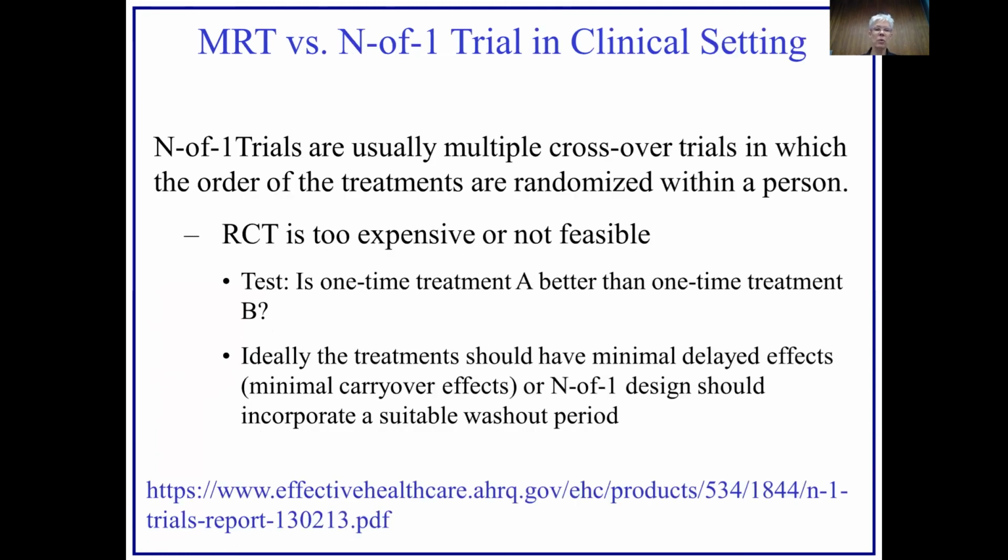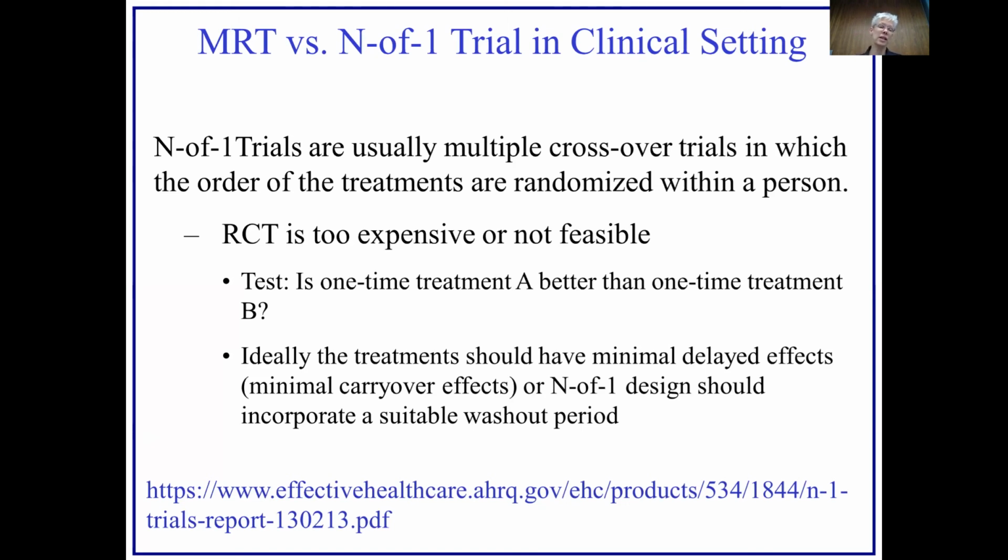Okay, so I wanted to talk to you about contrasting micro-randomized trials with N-of-1 trials, which are incredibly interesting. N-of-1 trials, it appears to me, originated independently in 2 different communities. And it's quite interesting. These are usual trials where you have one or a few participants, and you conduct crossover trials within that person, multiple crossover trials in which the order of the treatments is randomized within a person.